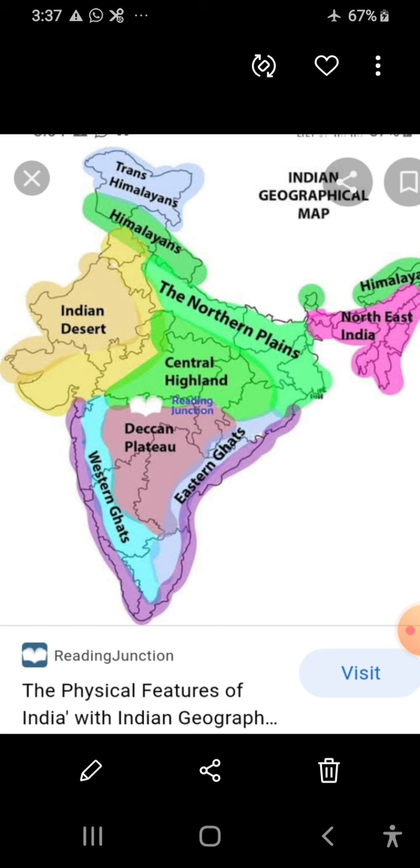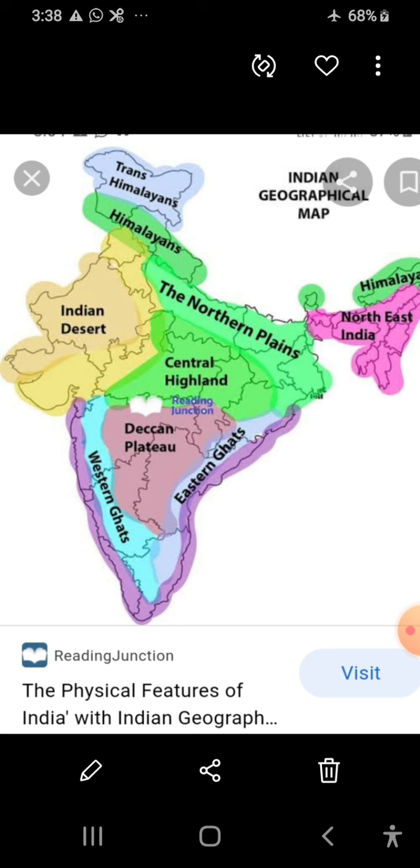Our country is divided into 6 physical divisions on the basis of these features, and these are the northern mountains or the Himalayan mountains, the northern plains, the Great Indian Desert, the Peninsular Plateau, the coastal plains, and the islands. These are the 6 main physical divisions of India.